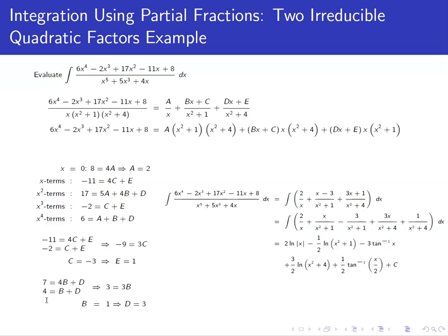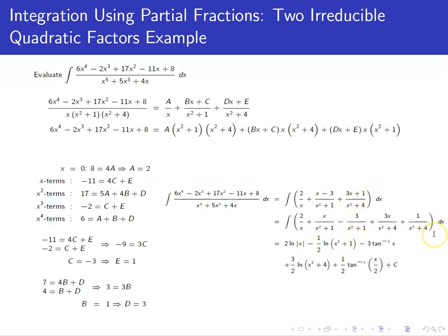Now we're ready to put in our partial fraction decomposition. Our integrand is 2 over x plus x minus 3 over x squared plus 1 plus 3x plus 1 over x squared plus 4. For each of these, the first try would be a u substitution. In both of them, the du would be 2x without a constant term. So we'll split each of these fractions at the minus and plus sign respectively, and then do our antiderivatives.